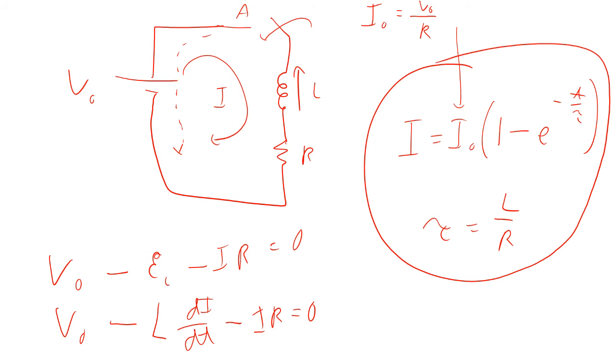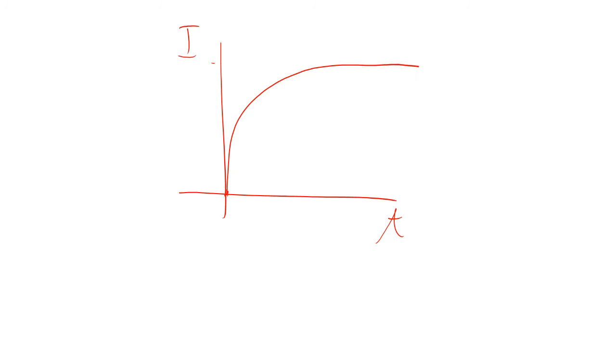All right. If we were to graph that, we'd have I and then T. Right here at the origin, when you first close the switch, instead of suddenly having current, it would asymptotically increase, approaching I naught.